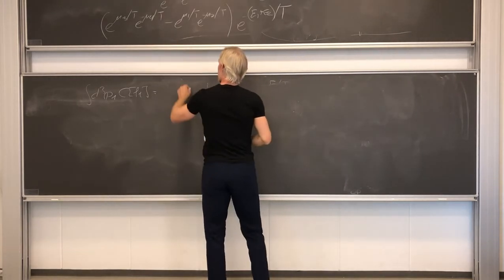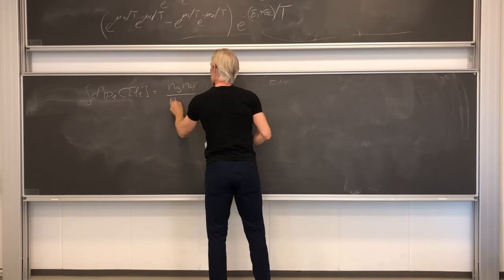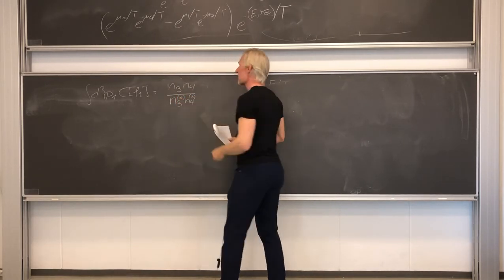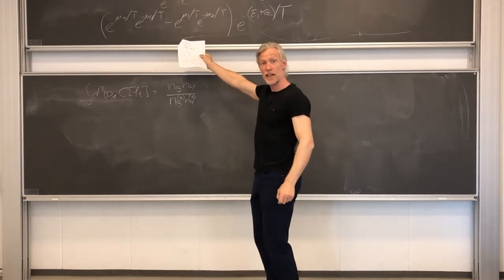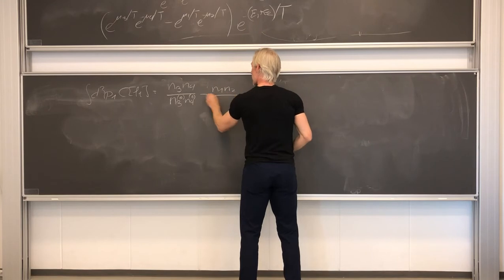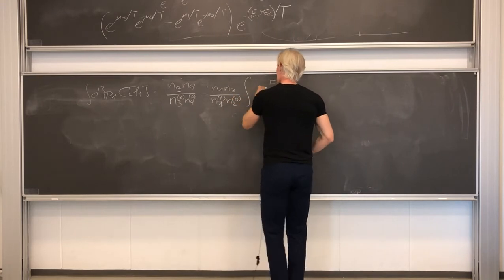And I can write this in different ways. I can, for example, write it as n3 n4 divided by n3 naught n4 naught, because that's the way the chemical potential is defined. And then the corresponding one for n1 and n2. Like this.